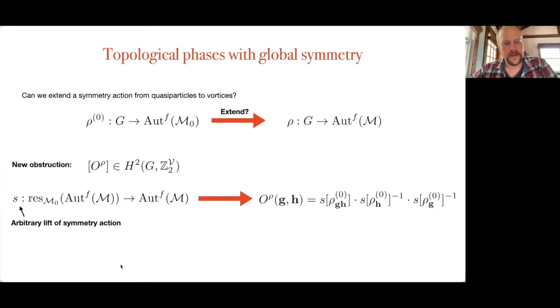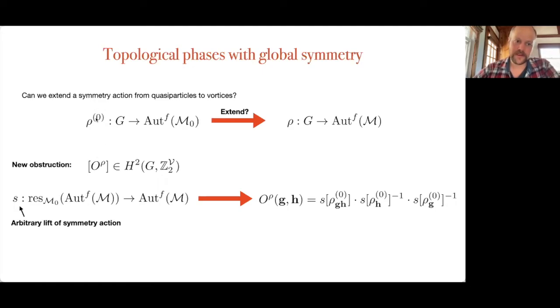All right. Now, how do we actually compute this obstruction? Well, you look at the restriction of the set of topological symmetries on M to the set of topological symmetries on M0.